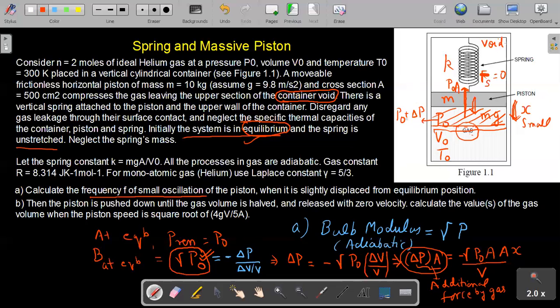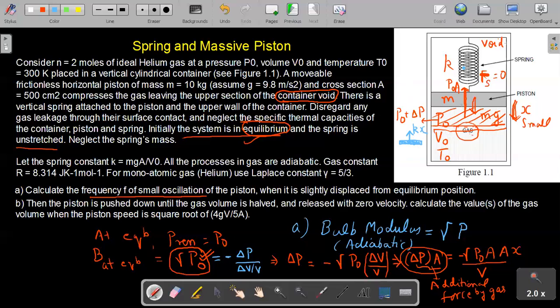Now, when the piston is moved downward, it will experience two restoring forces. The spring will be stretched, elongated, and that elongated spring will exert a force in the upward direction, which is spring constant times the deformation, kx.